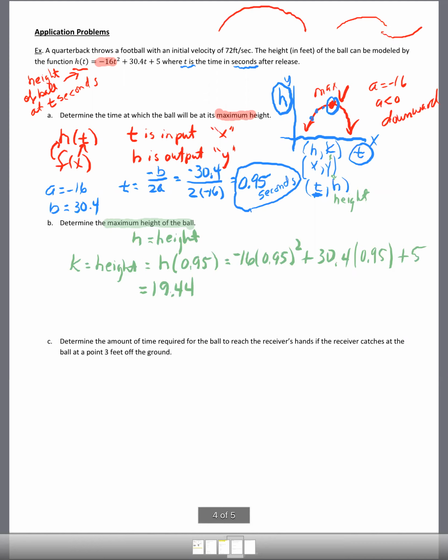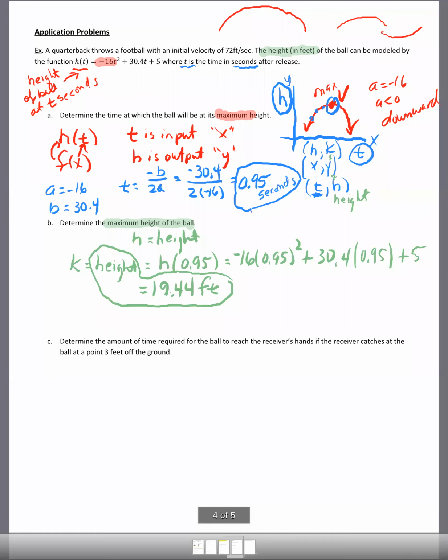I need to run back up to the reading of my problem here and find out what was the unit for height. Right there, it tells me the height is in feet. So I can go back to my answer here. And I have 19.44 feet is how high the ball was at its maximum.